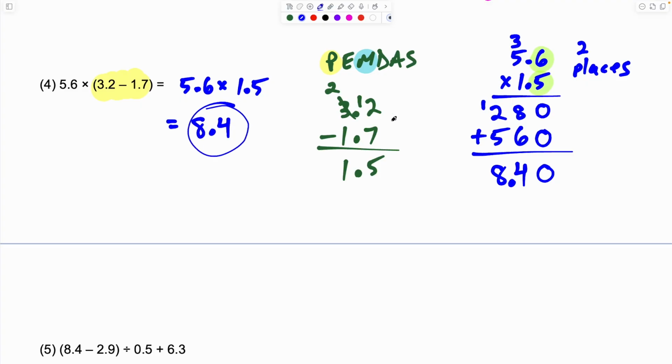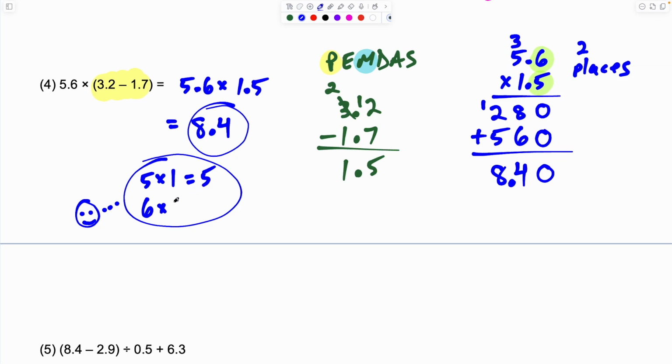Now remember, with this part over here, I talked about checking if your answer is reasonable. What you could do is think about, let's say I did 5 times 1. I would be making the first number smaller and the second number smaller, which would be equal to 5. And now let's say I round up. 6 is greater than 5.6, times 2 is greater than 1.5. 6 times 2 is 12.